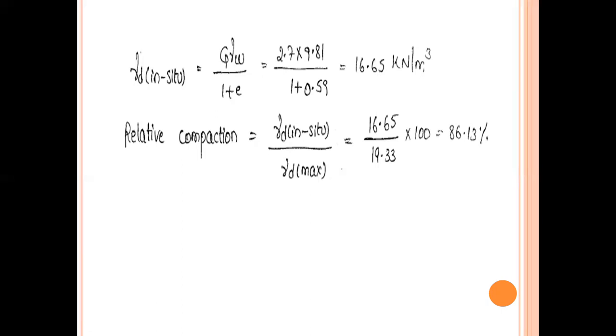Next, we find out the relative compaction. Relative compaction equals gamma D in situ divided by gamma D maximum, equals 16.65 divided by 19.33, into 100, equal to 86.13. It is the relative compaction.